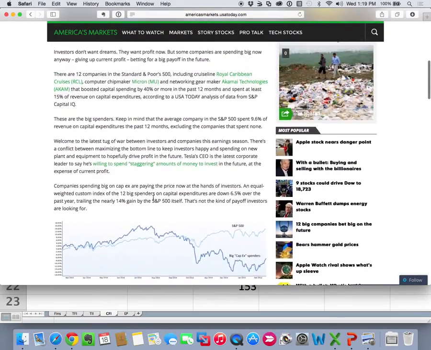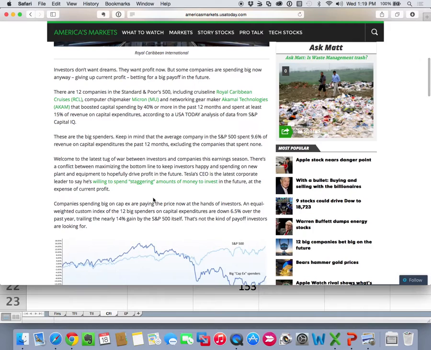I previously made the idea. So here's the thing. If I tell you that the investment rate of Royal Caribbean is over 100%, what should that mean to you? That they're borrowing money, but why are they borrowing money if their investment rate's over 100%? Because they have what?